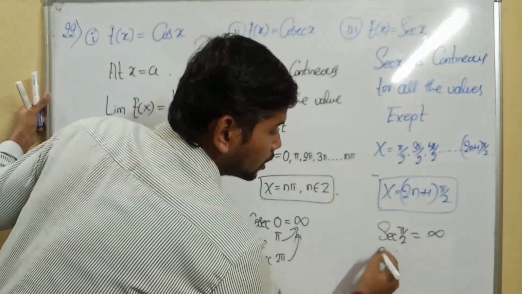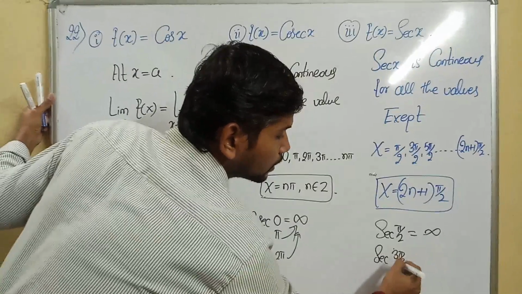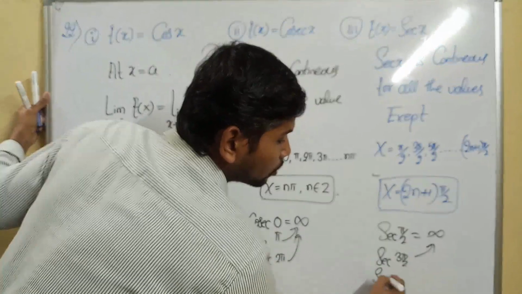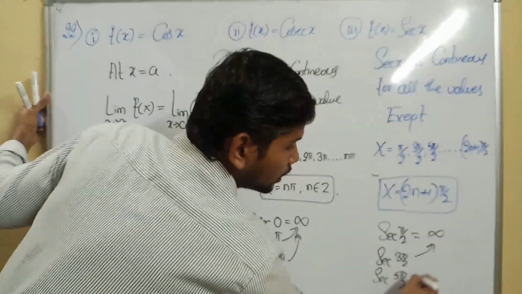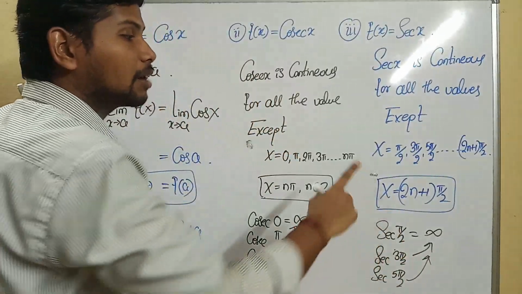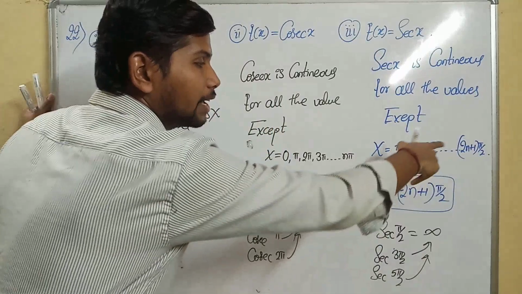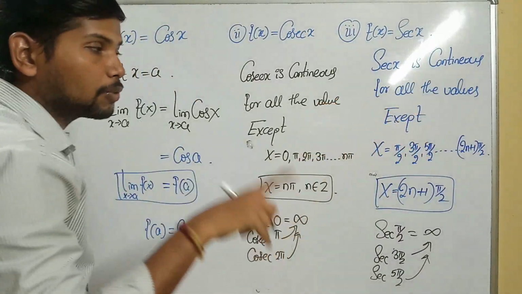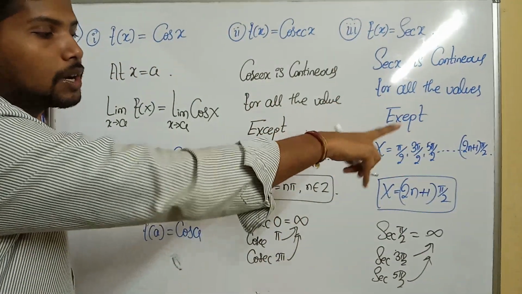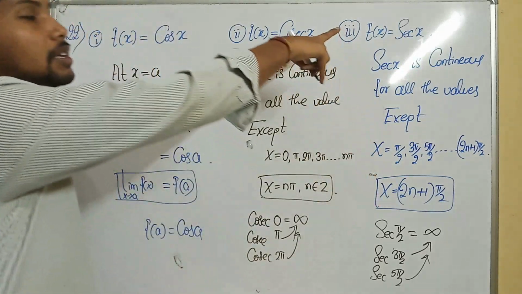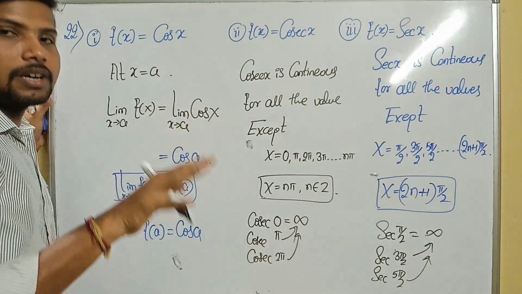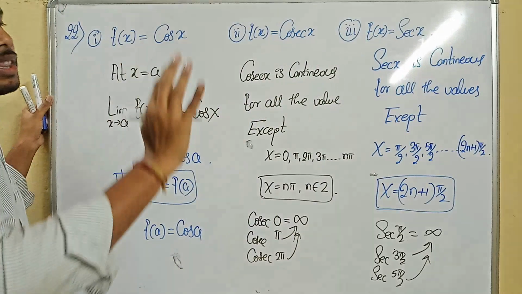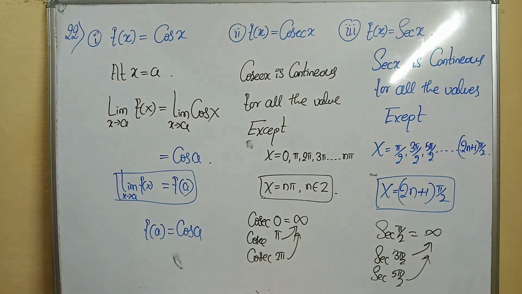Secant of 3 pi by 2 will be indeterminate. Secant of 5 pi by 2 will be indeterminate. What is the general point? For odd numbers, (2n plus 1) pi by 2. At this point, the secant is indeterminate, which means not continuous. For all the remaining angles, it is continuous.